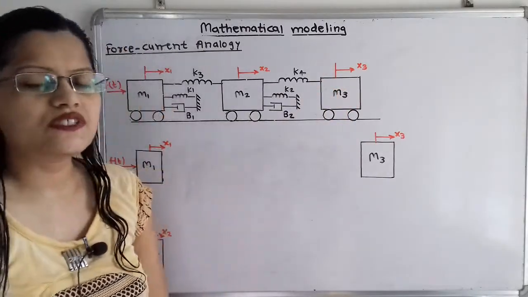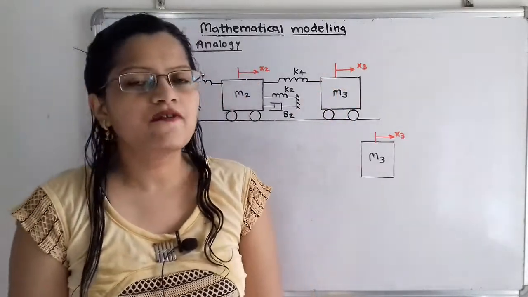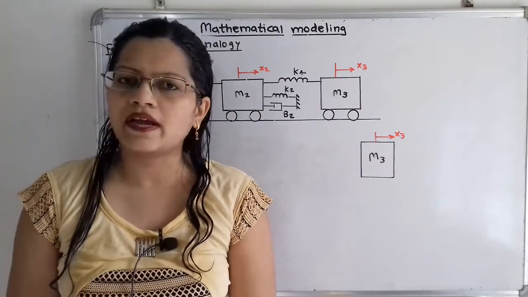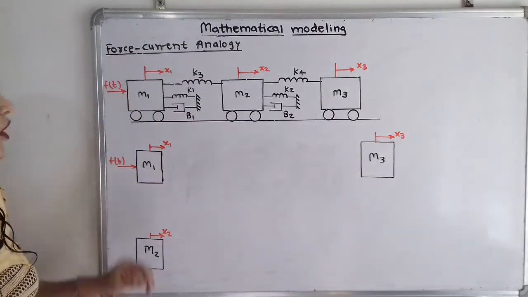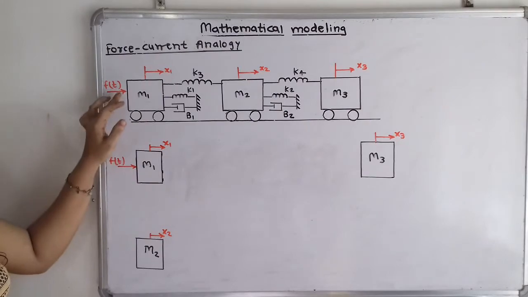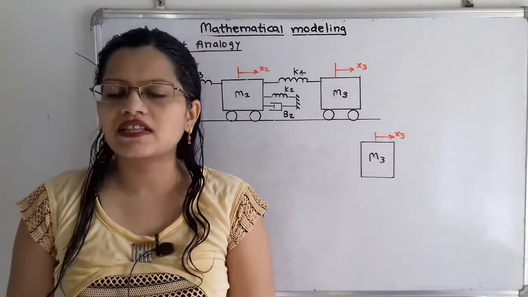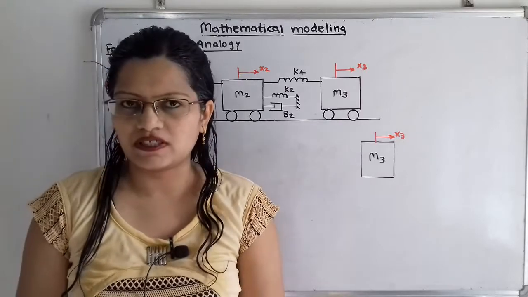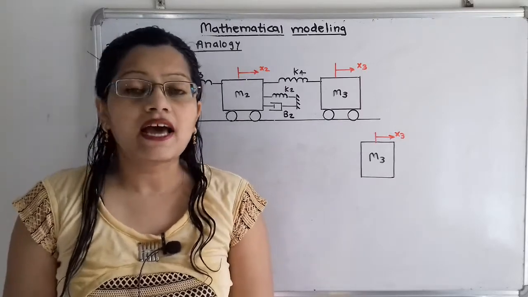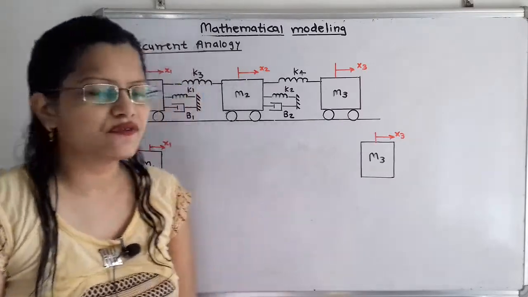So let us first draw the free body diagram for mass m1, m2 and m3. Now if we observe mass m1, the applied force is F of t. Because of this applied force there are also reaction forces. Which elements are responsible for the reaction forces?